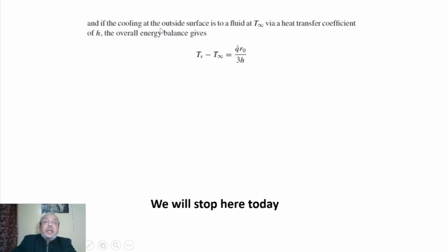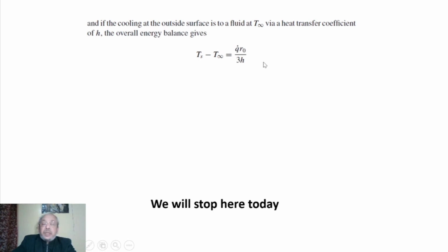If the cooling at the outside surface is to a fluid at temperature T infinity via a heat transfer coefficient h, or film heat transfer coefficient h, the overall energy balance will give Ts minus T infinity equal to Q star R naught by 3h.